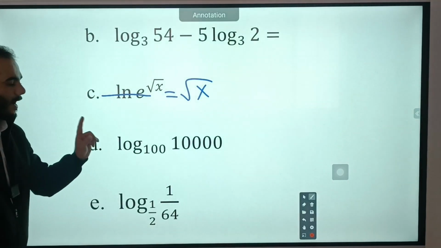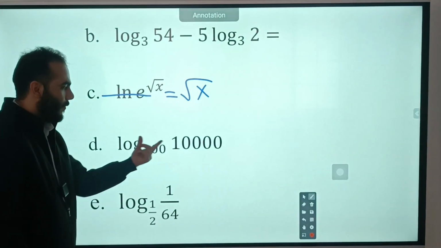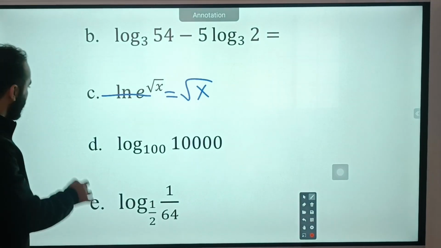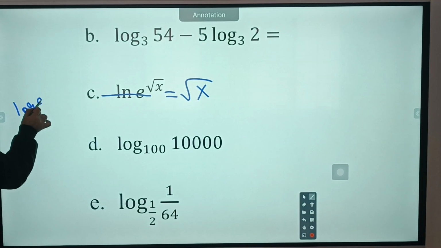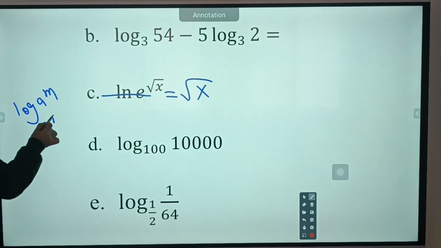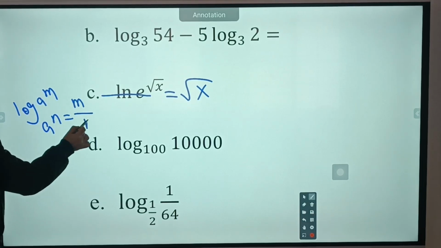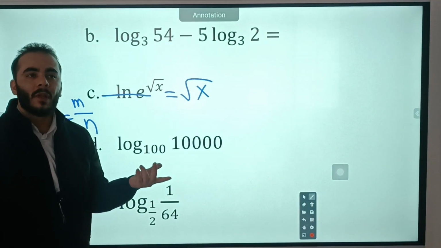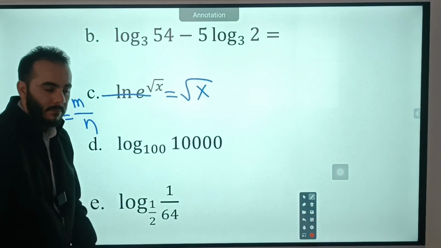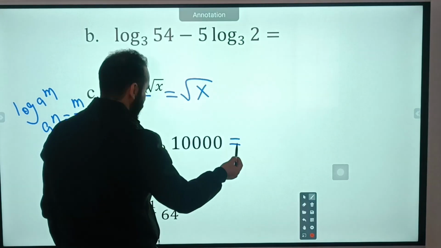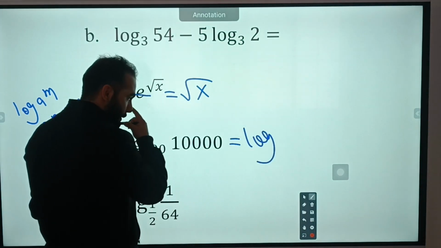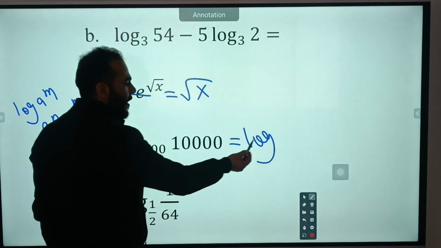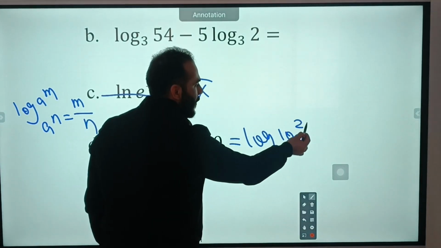How about here? Remember the notes of m over n. I gave you that logarithm of a to the power of m, with base a to the power of n, equals m over n. So right now turn these two to powers of 10. 10,000 is equal to 100 to the power of 2.